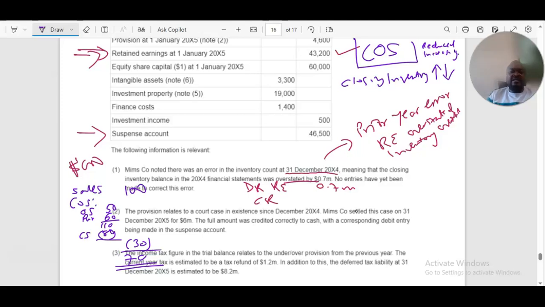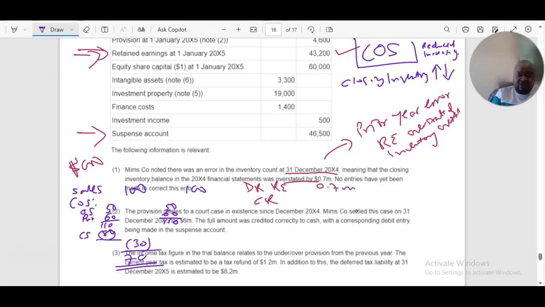Then let's say with the same sales figure of 100, the opening stock is 250, the purchases is 260, and we get 110. In this case, the closing stock has reduced.